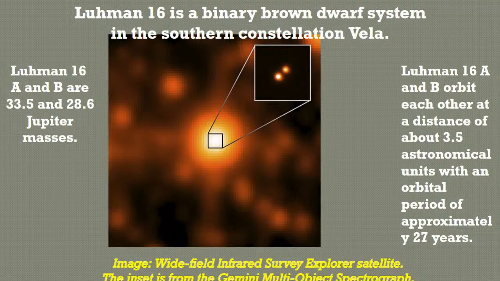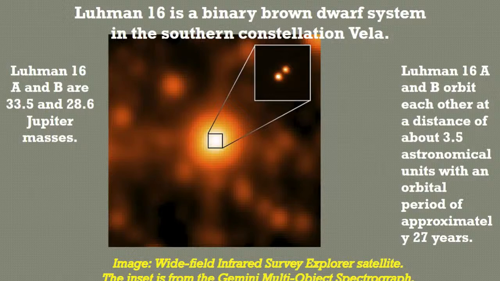Well, because we have X-ray or infrared sensors on our telescopes. So we get the infrared spectrum and we can identify the source. A little better detail here, and bingo. We have a binary brown dwarf, and it's pretty close.